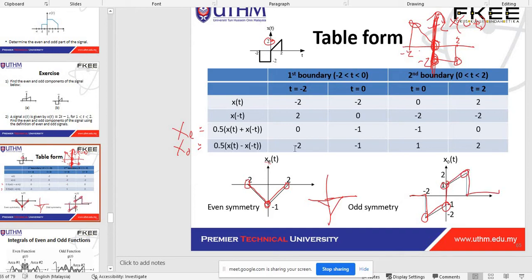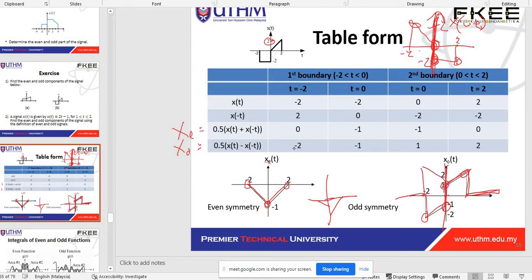Okay. So you check again if this figure has the odd characteristic. Okay, you can double check. First of all, you see whether this figure is a mirror image of the y-axis or not?